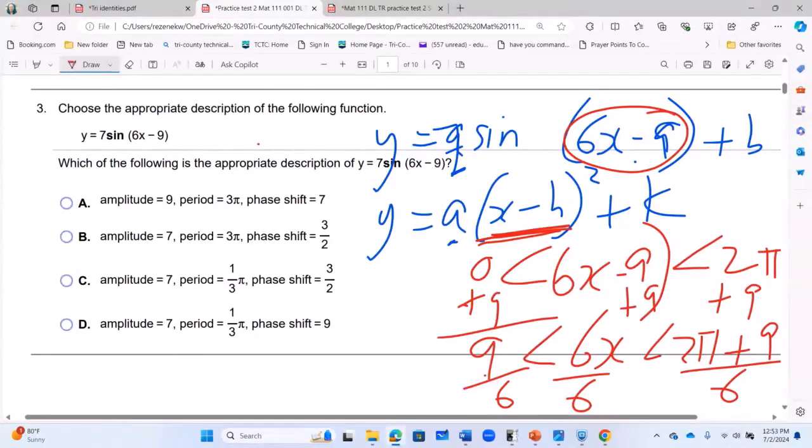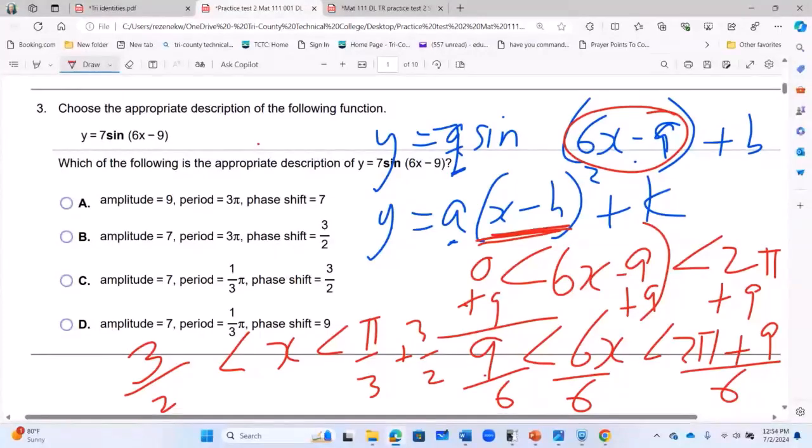So here I have 3 over 2 is less than x, and x is less than, here I have 2 pi over 6, which is pi over 3, plus 3 over 2. Therefore, the graph starts from 3 over 2 and ends at pi over 3 plus 3 over 2.